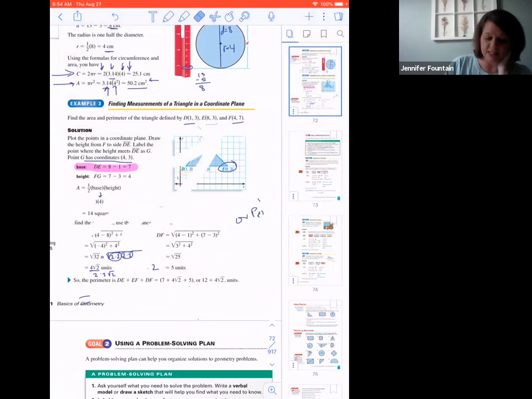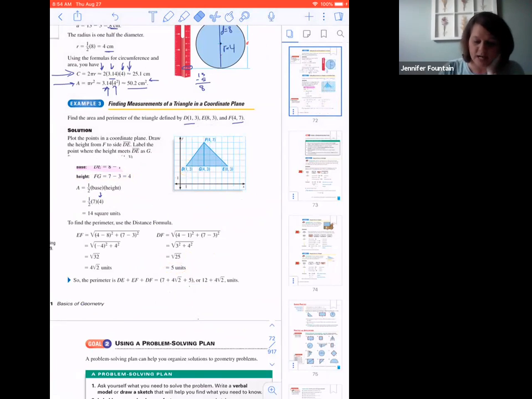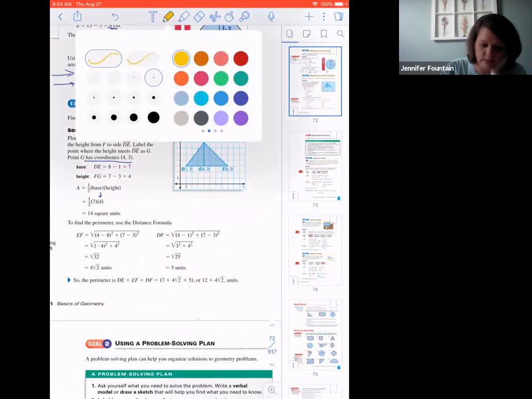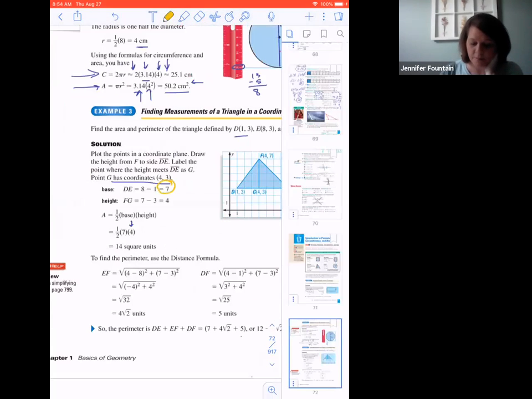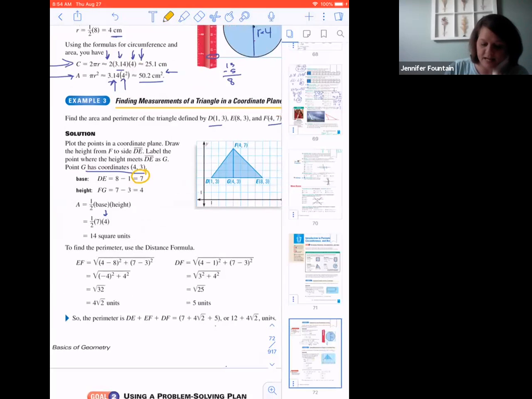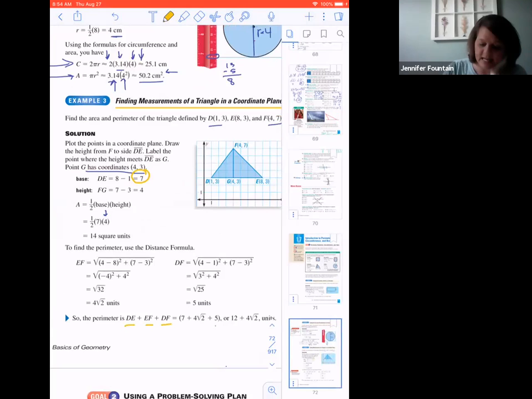We already know that we found the distance of the bottom of our triangle, and that distance was 7. Okay, so now finding perimeter, I'm finding DE, EF, and DF. So we found that DE was 7. We already knew that. Then we found that EF was 4 times the square root of 2. Then we found that DF is 5.